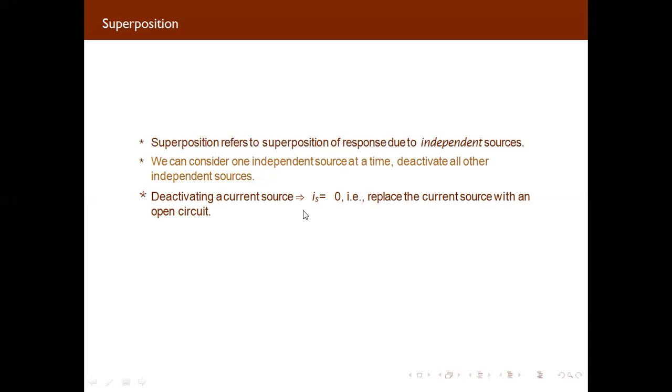If there is a voltage source we can consider it as a short circuit, because the voltage across a short circuit will be 0 volt. If there are many voltage sources, we can deactivate all of them while considering only one voltage source active.